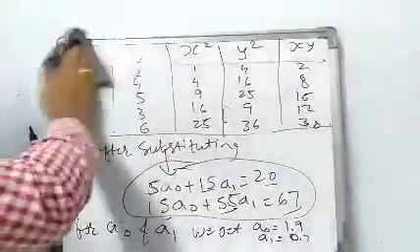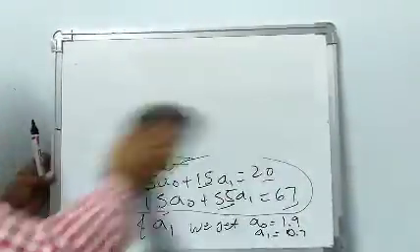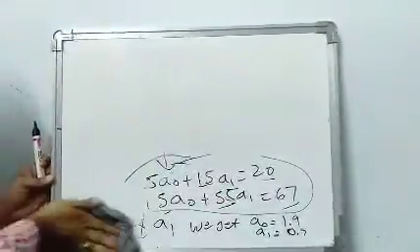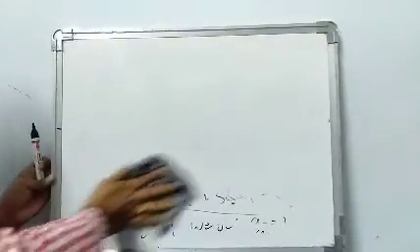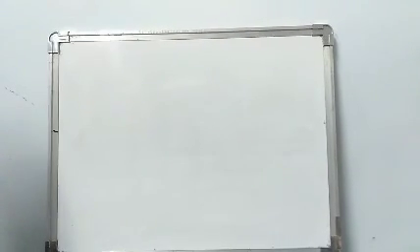Hope you are getting this. Please write it down whenever you are watching this video, because I am not continuously writing the question. I have a small space for this, and hope you will get it. Now we got the values of a0 and a1.